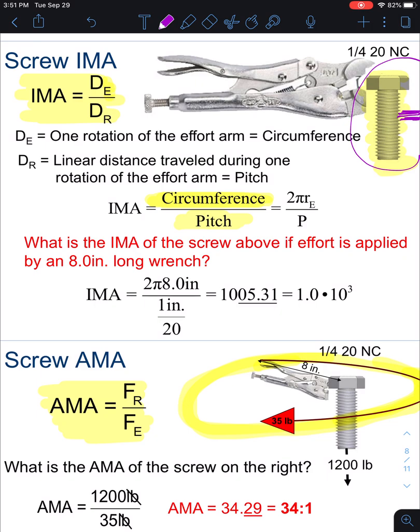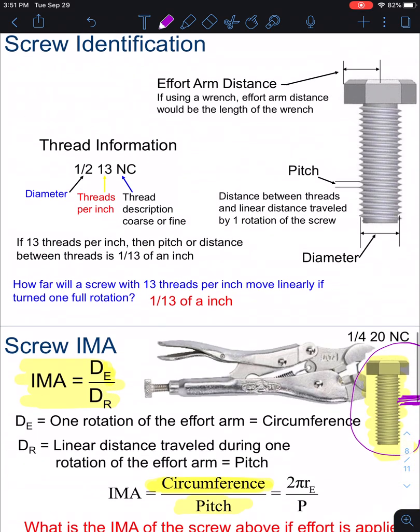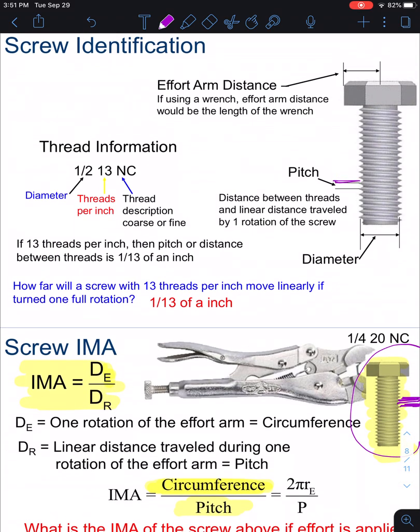You've seen it in your notes. Here again is a picture of the pitch in the upper right hand corner. How do we know what that distance is? Remember, I'm over here on the thread information now. The most important information that we need for calculating the IMA is this number right in the middle.